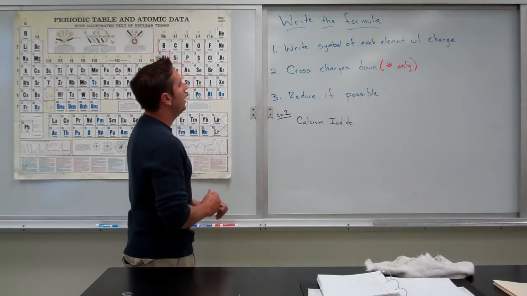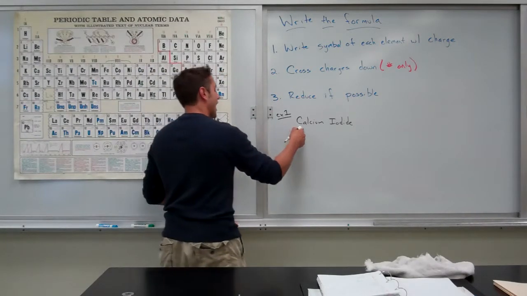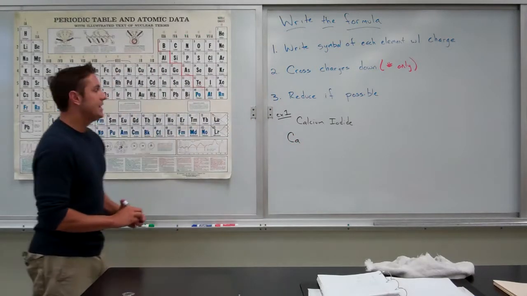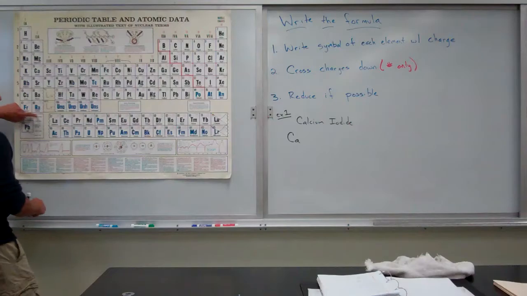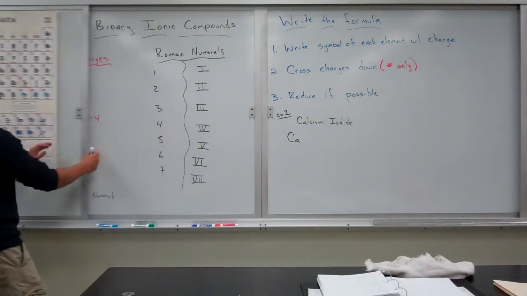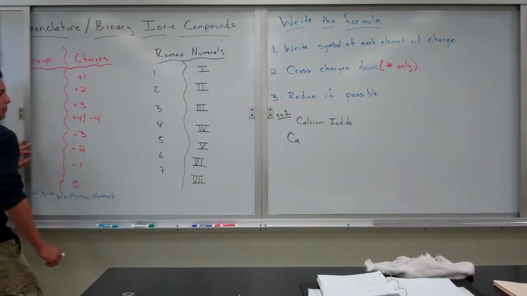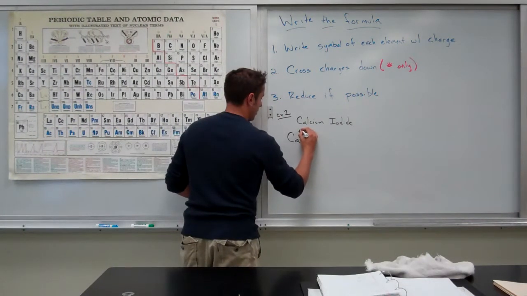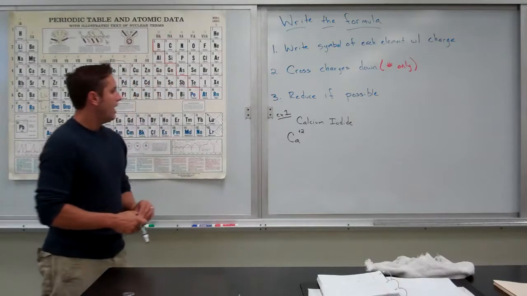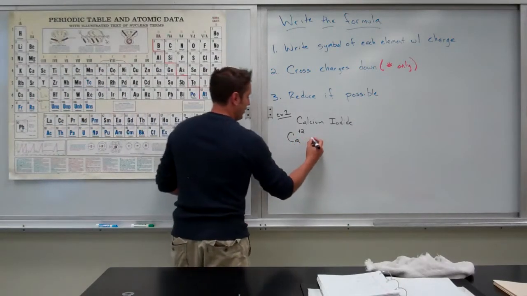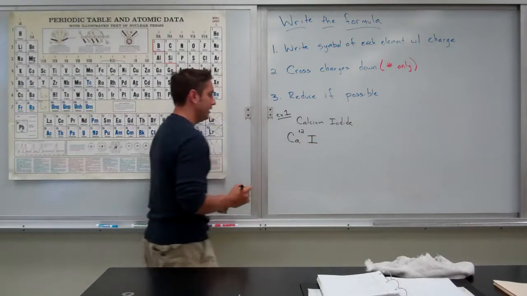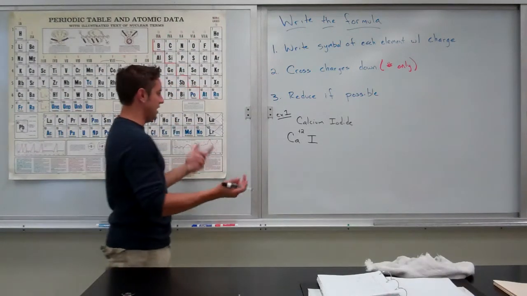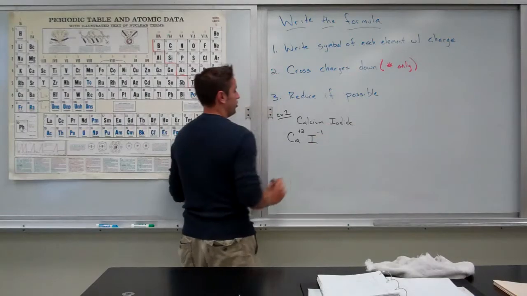Write the symbol of each element with their charges. Calcium's symbol is Ca. Given the group that it's in, group 2, and if you didn't remember, group 2 carries a +2 charge. Ca is a +2. Iodine has the symbol of I. It's in group 17, and what you'll learn is group 17 is a -1 charge.